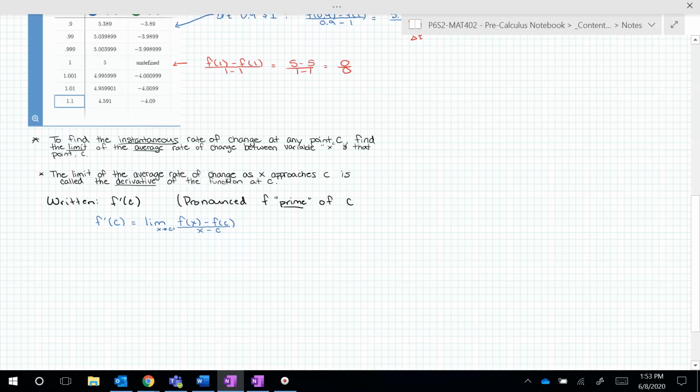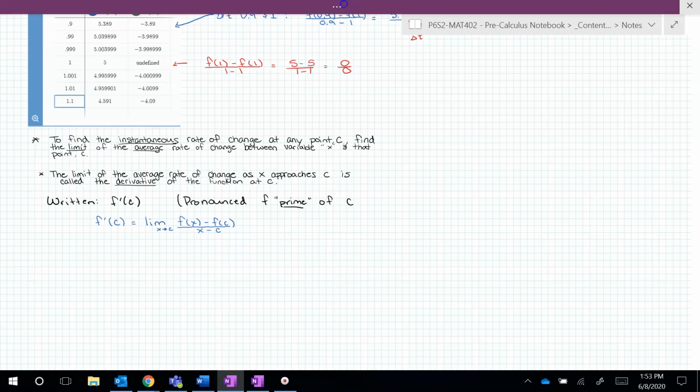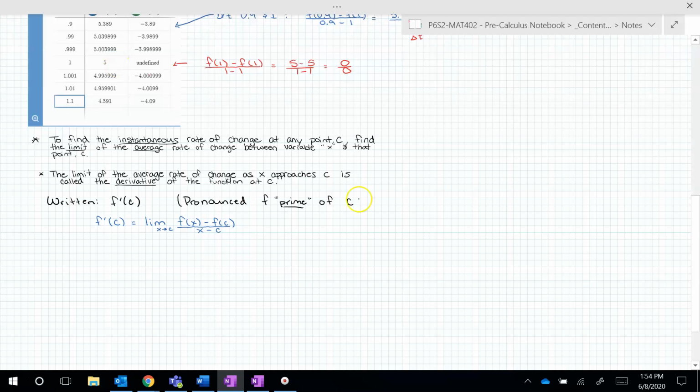And this is true for every function type, every exponential function, every power function, trigonometric function, polynomial function. This is a fundamental truth, that if I want to find the instantaneous rate of change at a point, I just want to find out what's the change in y's and the change in x's, and just get them closer and closer and closer together.